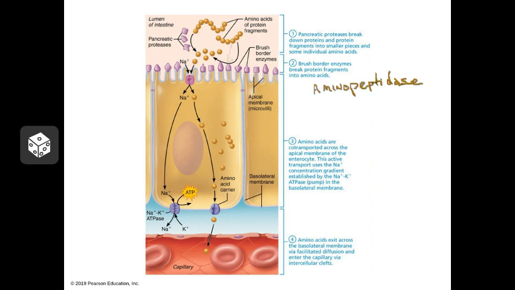And these aminopeptidases will cleave off individual amino acids from the peptide. These amino acids may also bind to these carriers I called S-glutes in the previous slide.